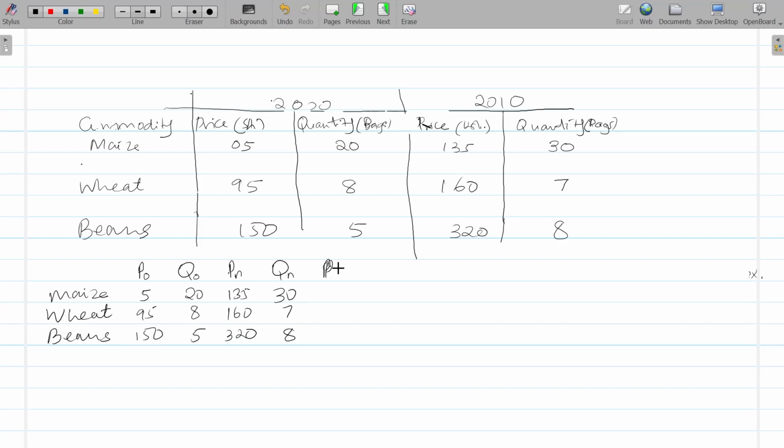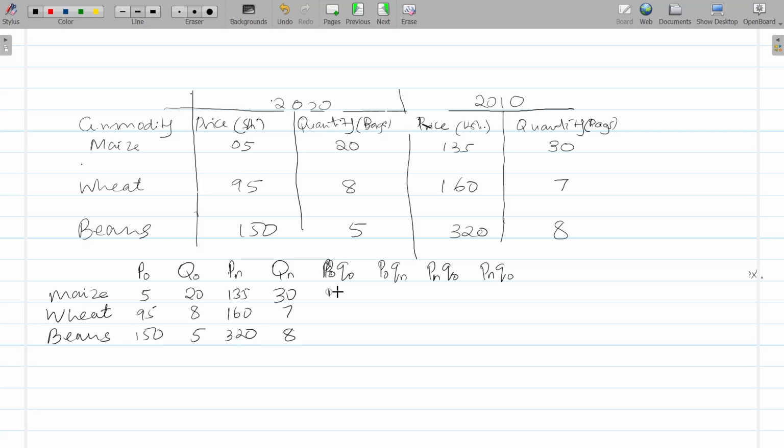After we have written that, we are now going to calculate P0Q0. These are going to be found in our formulas as you looked at them earlier on. We have P0Q0, P0Qn, PnQ0, and then the last one we have PnQn. We have to calculate all this.